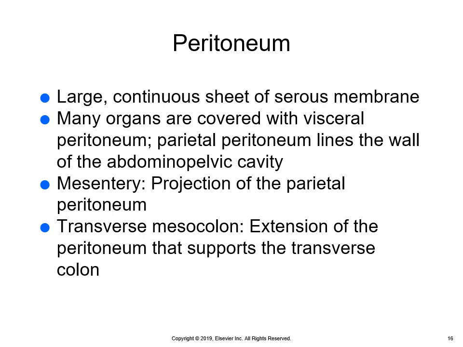We also have in the peritoneum the mesentery, and the mesentery is a double layer of peritoneum that helps suspend our intestines from what we call the posterior abdominal wall. This mesentery area contains blood vessels, lymphatics, and also nerves that support and supply the intestines.